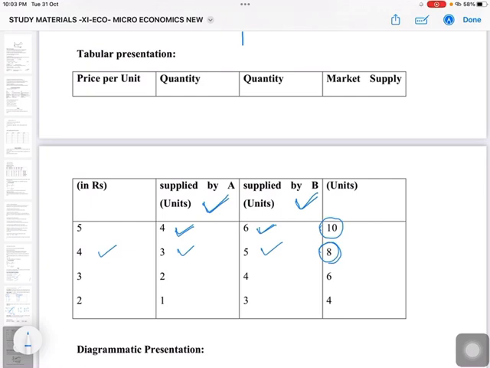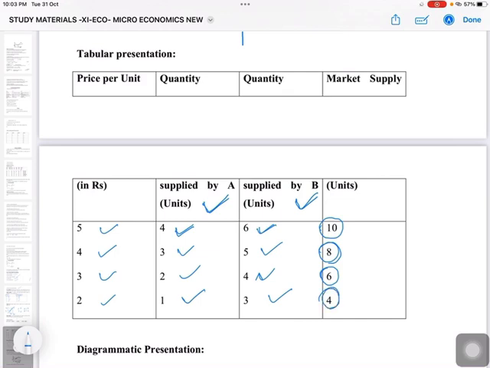3 rupees में A was supplying 2 unit, B was supplying 4. दोनों को प्लस करो 6 is the market supply. Similarly, at price 2, firm A was supplying 1 unit, B was supplying 3 unit. दोनों को प्लस करो 4 unit.